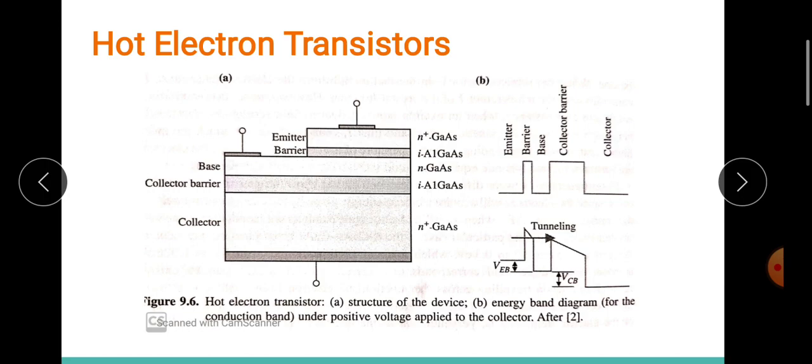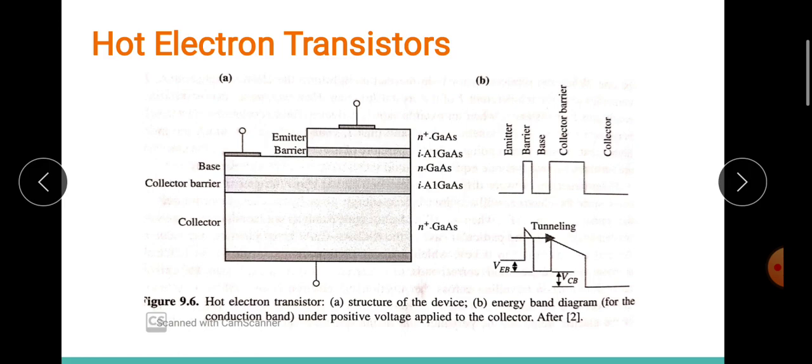And right below it, what do we have? We have the base region, right? I'm sorry, I'm continuously using the word right. Okay, below the intrinsic aluminum gallium arsenide barrier, we have the base region, a slightly N-doped gallium arsenide region, and you have a terminal taken out of it. And below the base region, we have the collector region, and the collector region is a heavily N-doped gallium arsenide region.